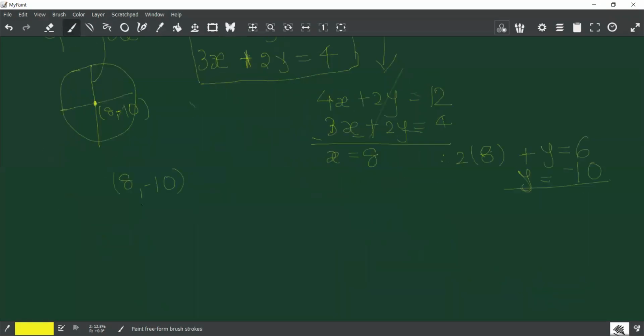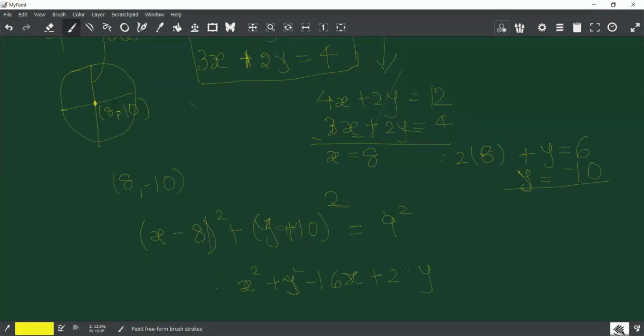Correct? So in center-radius form, x minus 8 the whole square plus y plus 10 the whole square is equal to 9 square. x square plus y square minus 16x plus 20y. 117 came.